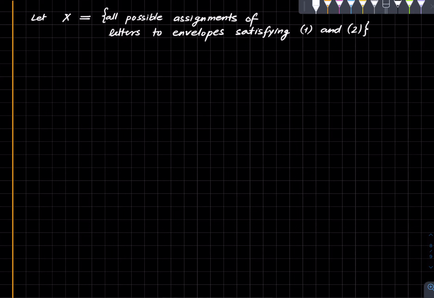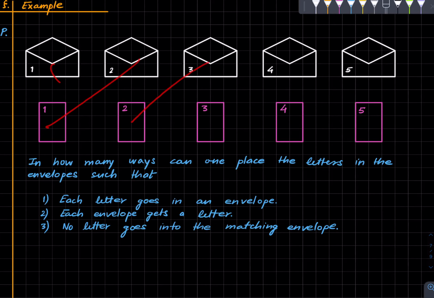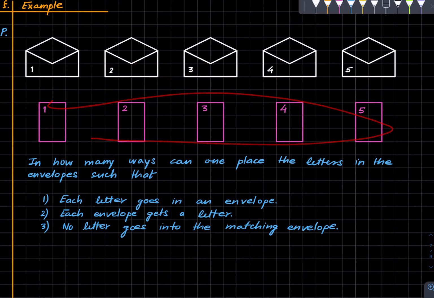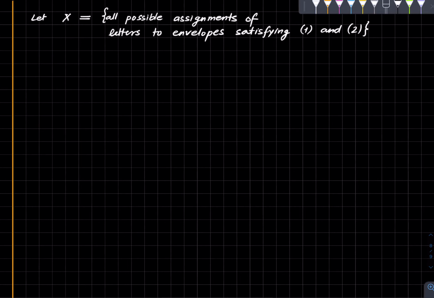So as of now we have excluded condition 3. So this X is basically all possible ways to have a one-to-one correspondence between the letters and the envelopes. We are only satisfying the first two conditions. So that means the size of X is 5 factorial.